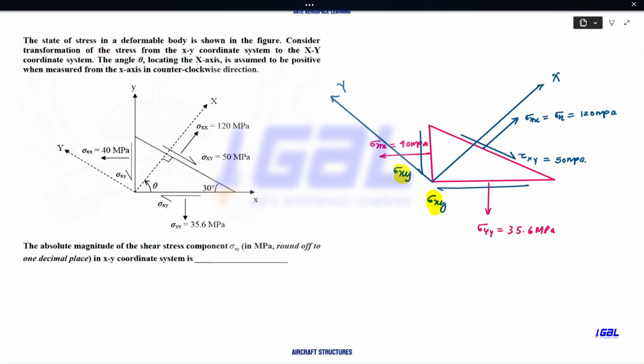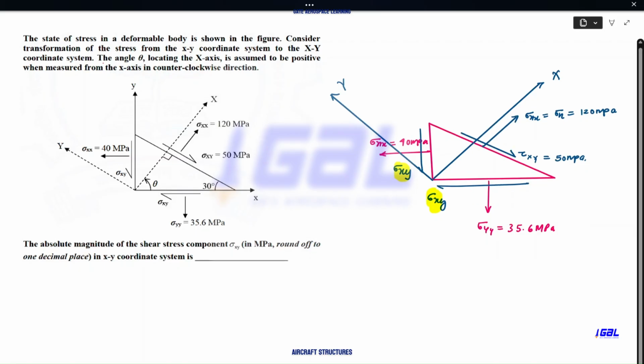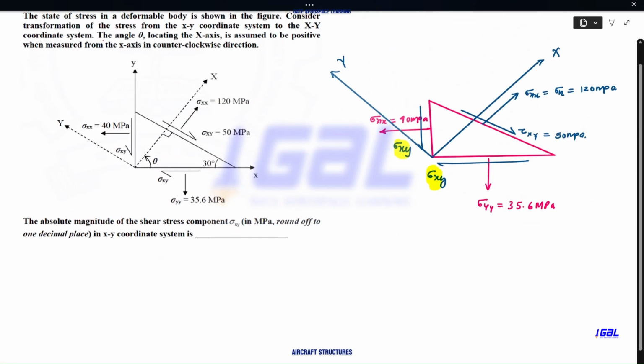Now there is a straightforward equation that we could derive, but we are not going to do that. The formula for stress transformation at whatever angle theta you want is already derived. You can transform the stress system and find out the normal stress or the shear stresses, and this is what we are going to do.